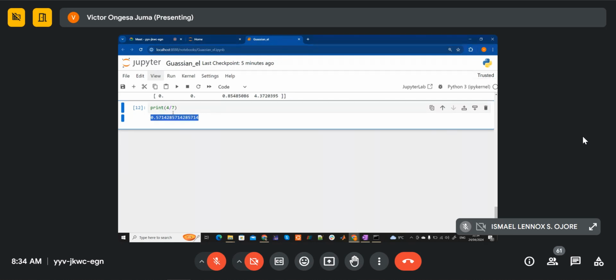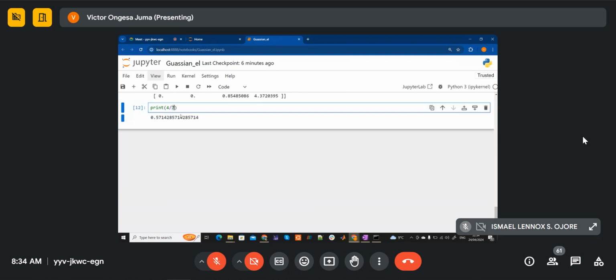So if you divide by a smaller number here and you want 4 significant figures, for example, if I put here 0.7, then if you introduce errors and you want 4 significant figures, the smaller the denominator, the more error you accumulate and the more error you propagate.